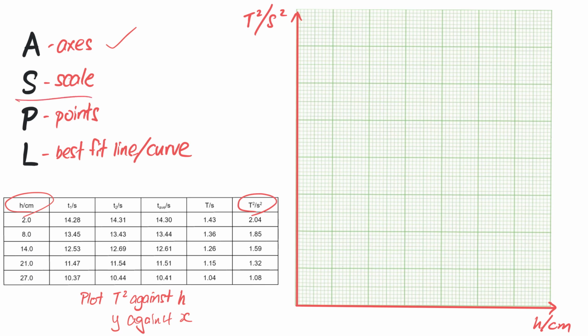Next, for the scale, the scales for the axis should allow majority of the graph paper to be used in both directions and based on sensible ratio. What do I mean by that? For example, 2 cm on the graph paper will represent maybe 1 unit here. So it's 1, 2, 3, 4, 5, and so forth. Or 2 cm is to 2 units, 2, 4, 6, 8.